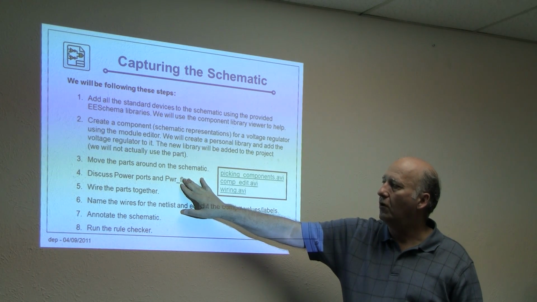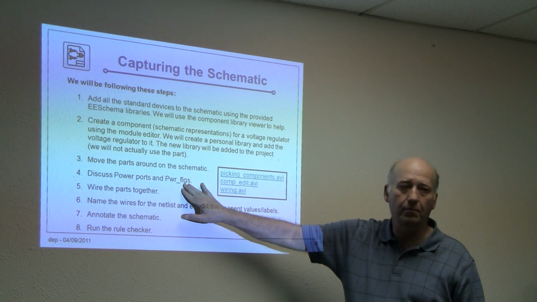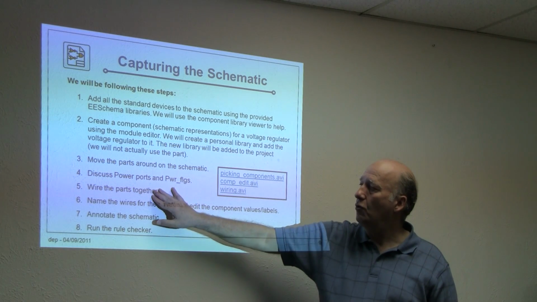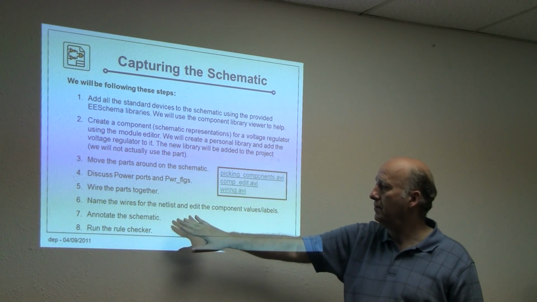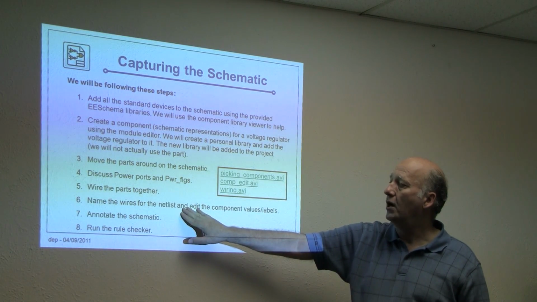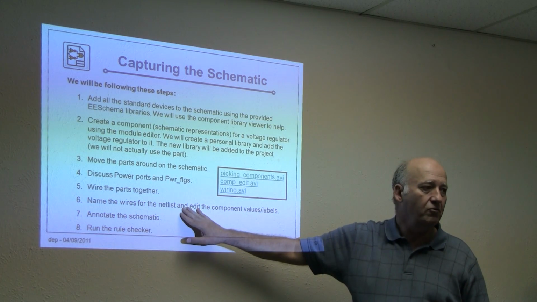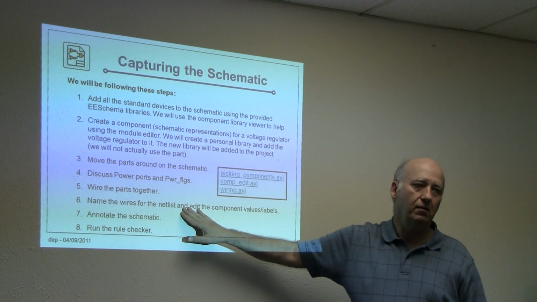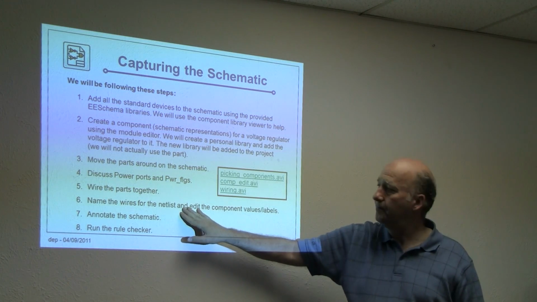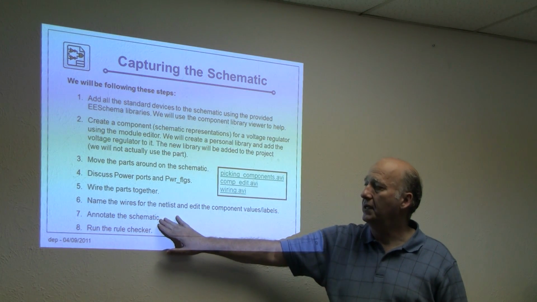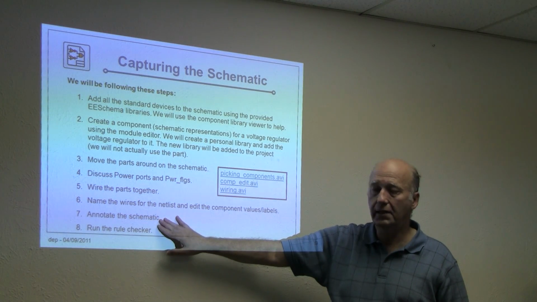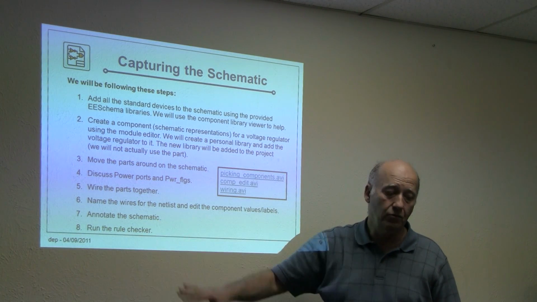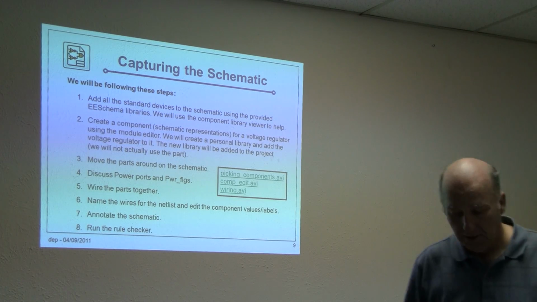We'll discuss this offline, a little bit about power ports and power flags. And then we'll wire the parts together on the schematic. And then we'll name some of the wires for the netlist. If you don't name them, they get named by the program, which are not intuitive names. And then we'll annotate the schematic, and then we'll run the rule checker.